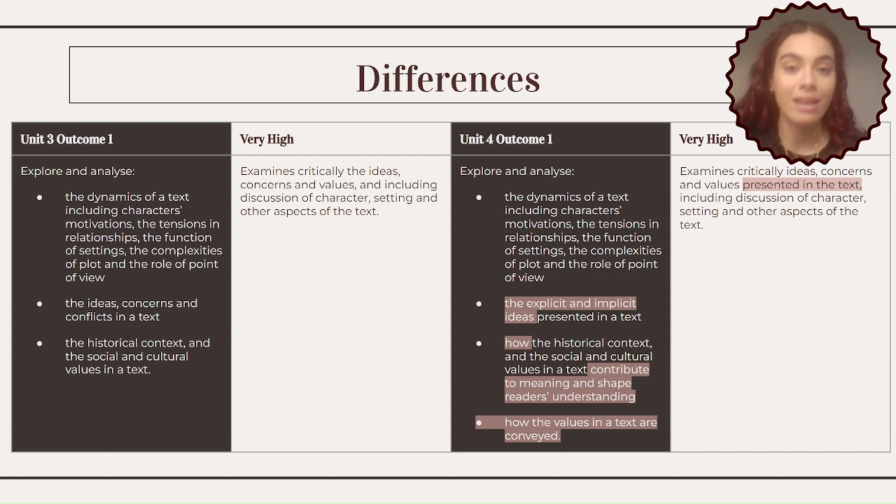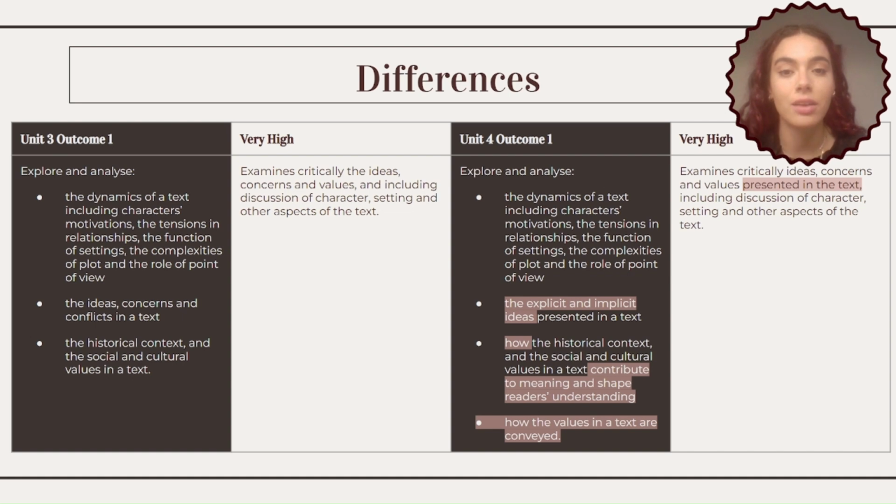So they may also alter the rubric. That is perfectly fine when it comes to the SACs. That is well within your school's rights, okay? So the dark column, to repeat, is the description of the outcome, the SAC description essentially. Not much detail there. And the very high is from the rubric template that VCAA provides for these two SACs, okay? So let's look into the pinkish highlighted parts.